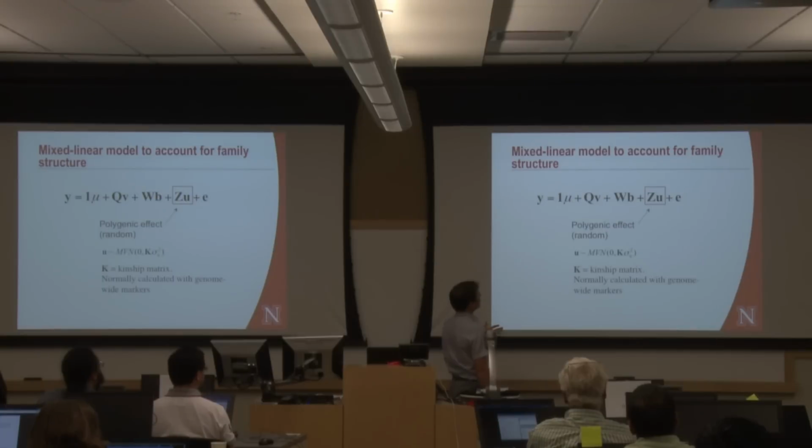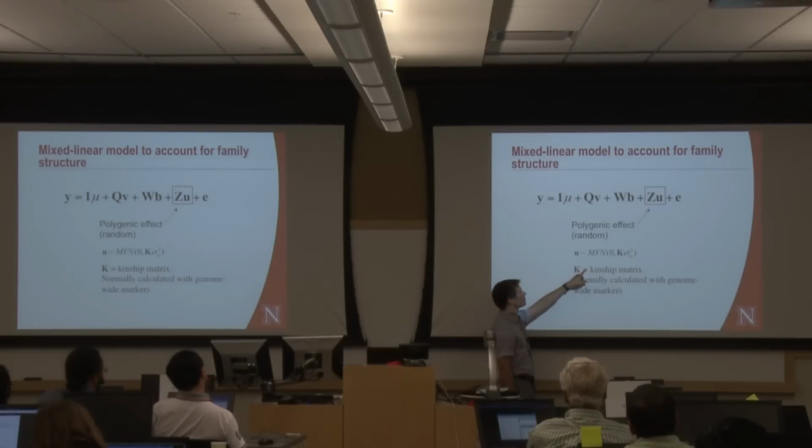And when I say we're going to treat it as a random effect, we're going to assume that it comes from some distribution, in this case a multivariate normal distribution, and this variable here is going to have a variance-covariance structure proportional to this kinship matrix, okay?